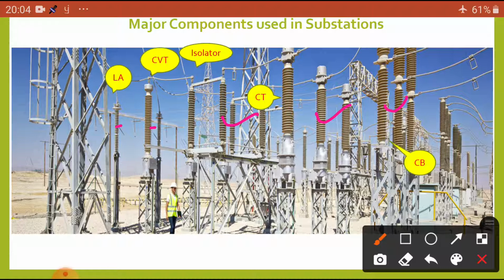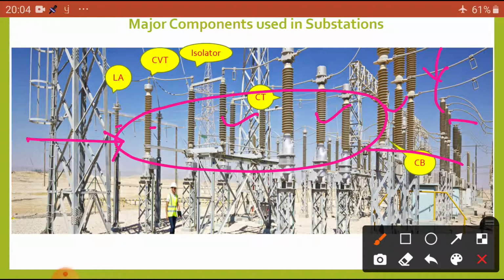This line is coming from, for example, Ramagundam, and another line, with a similar arrangement, may be from, for example, Kothagudem. Both are connected to the one common bus bar. Before going to the bus bar, all this is present here. Okay. So you can see the size of our equipment in EHV substations.